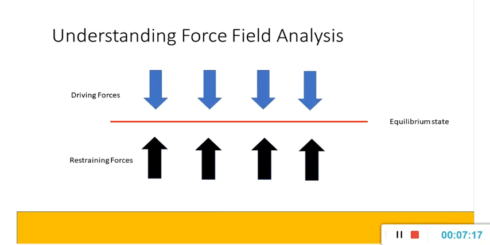Now, force field analysis, here you can see there is the equilibrium state, which is the red line, and there are two types of forces acting on it. There are the driving forces and the restraining forces. Now, imagine, I believe you might be sitting somewhere. While you are sitting, you are in a state of equilibrium. Now, there are two forces acting on you.